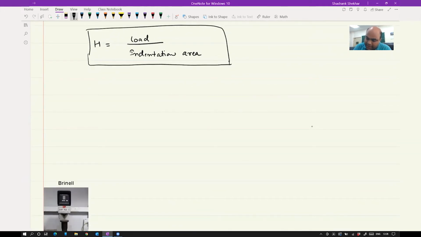There are three types of indentation hardness which we are going to discuss in the class. The first one is Brinell hardness, the second is Vickers, and the last one is Rockwell.